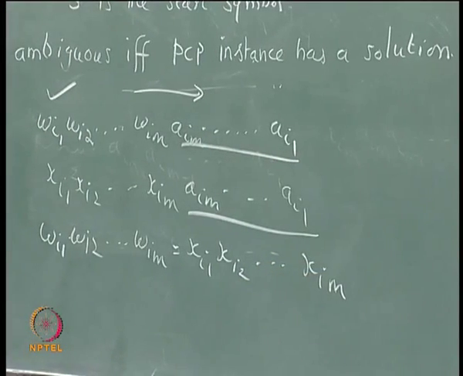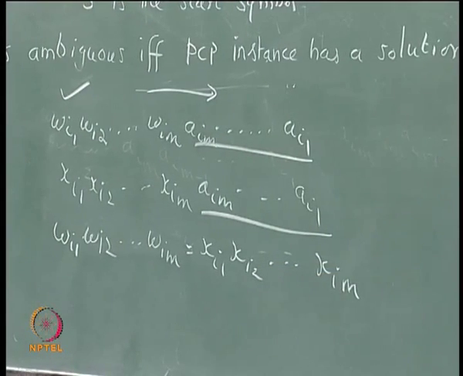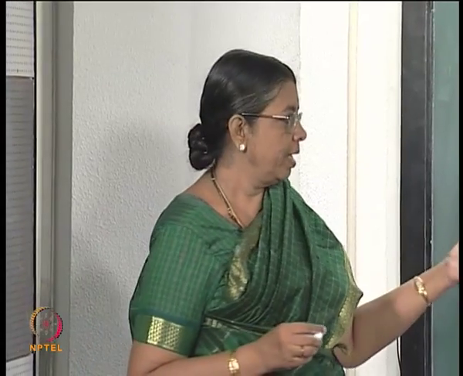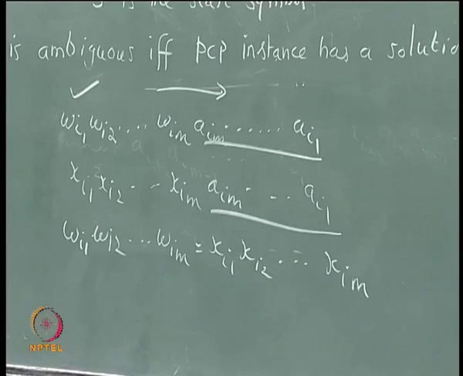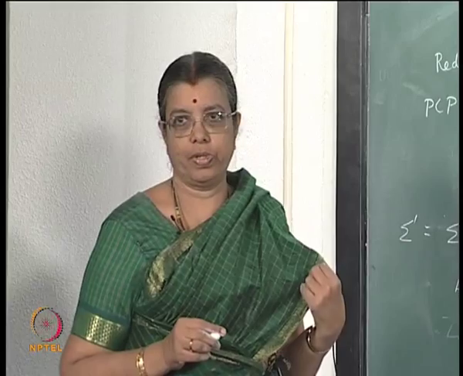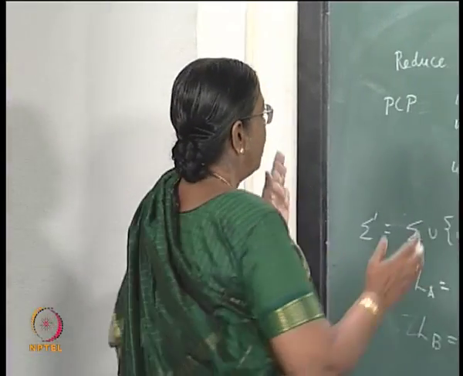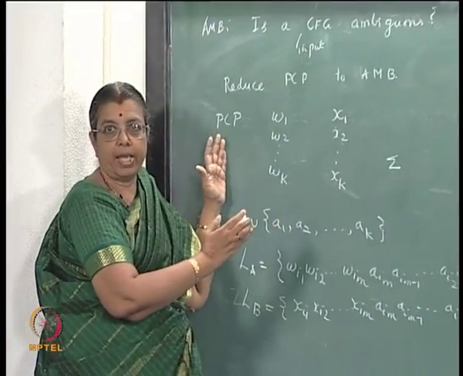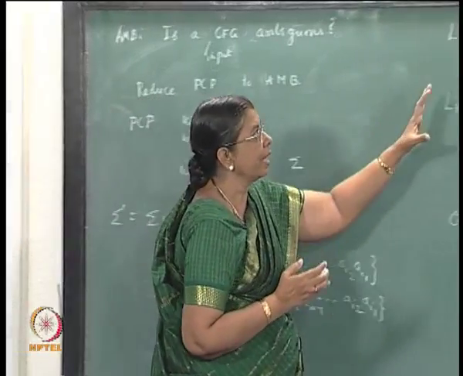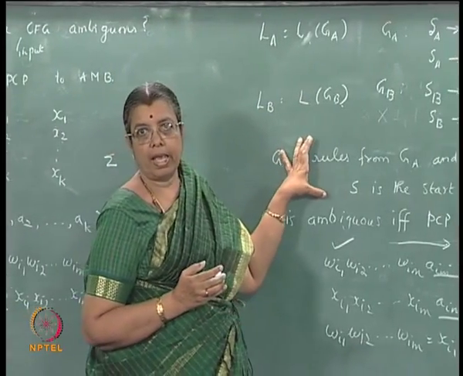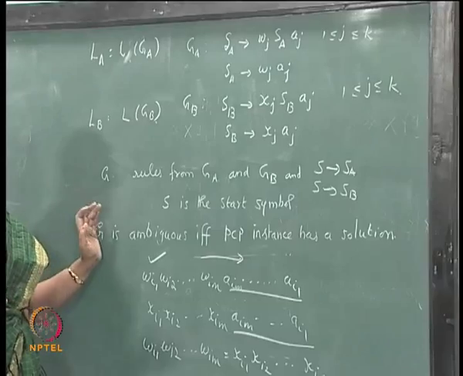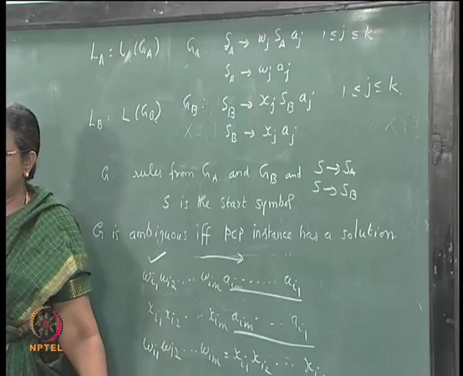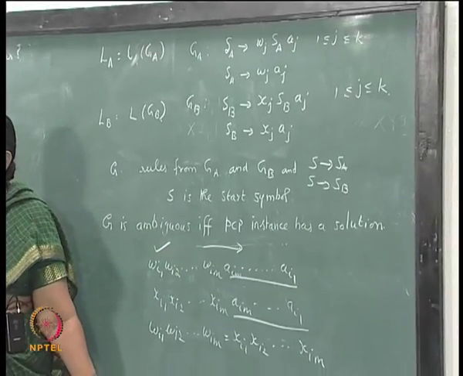That is, you can find a sequence of integers i1, i2, ..., im such that this is equal to that. That is, the instance of PCP has a solution. So, given one instance of PCP, you are able to construct a grammar G such that G is ambiguous if and only if the instance of PCP has a solution.